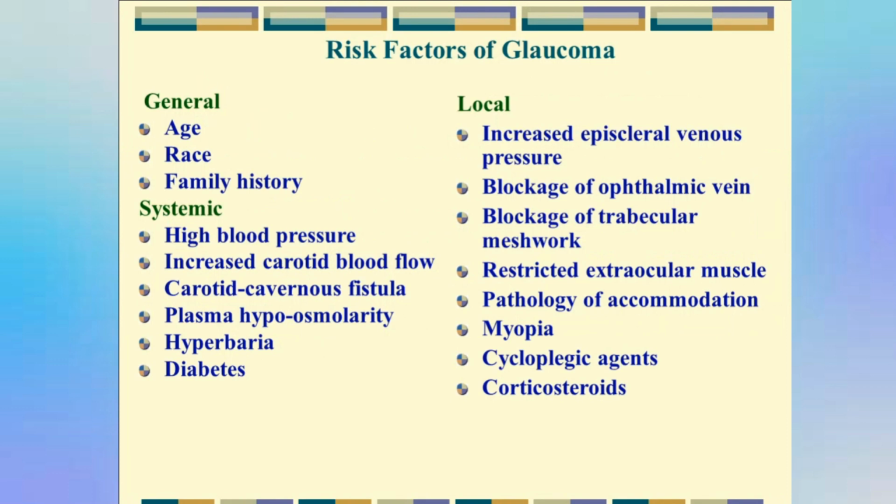As for Chinese people, we can often diagnose closed angle glaucoma. Family history, of course, is important, because if parents or grandparents have glaucoma, then our patient can also have glaucoma.